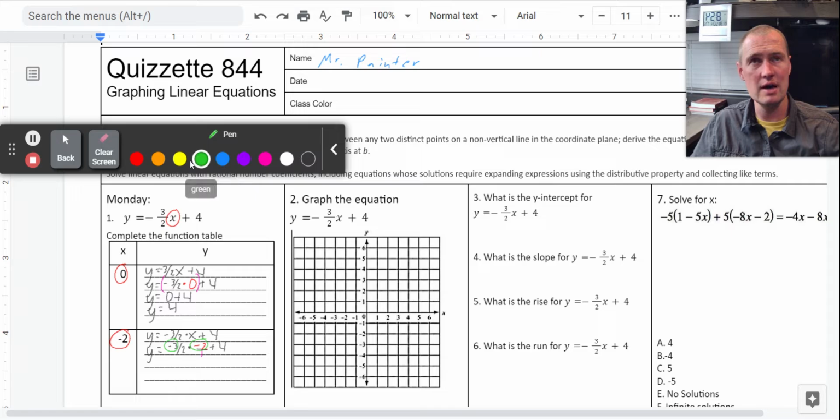And for the denominators, it is 2 times 1. So now I got y equals numerator, negative 3 times negative 2 is positive 6, over 2 times 1 is 2, plus 4.